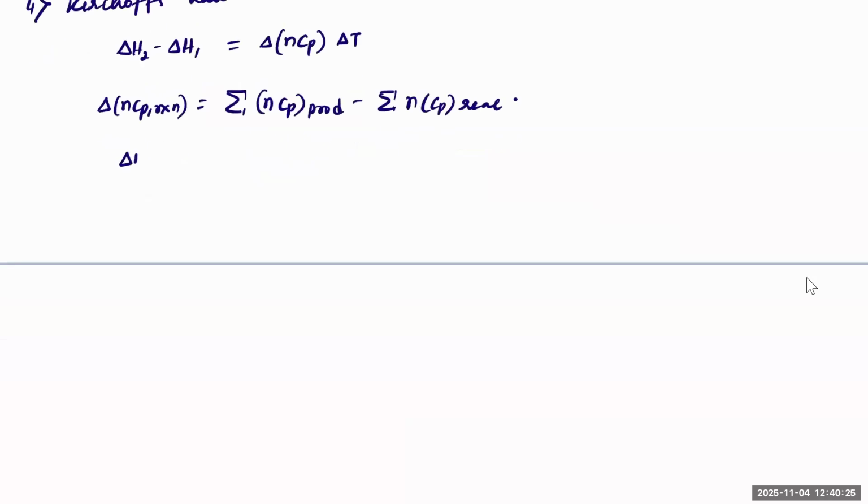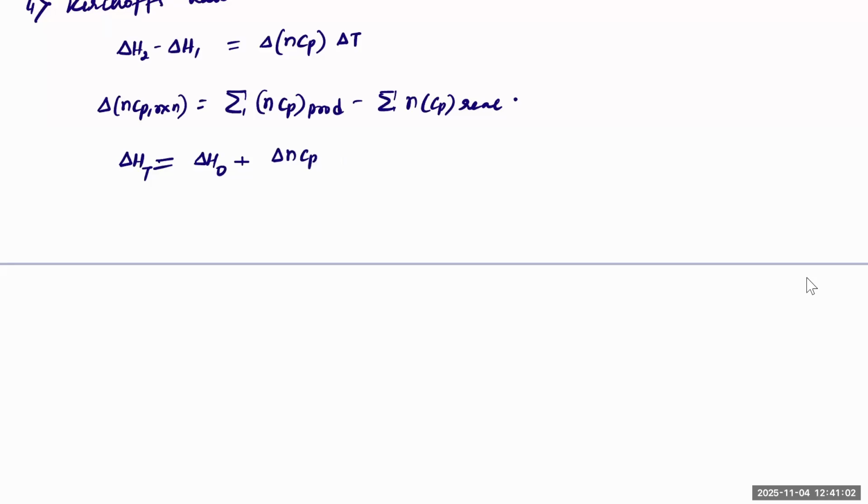And in simple terms, delta H at temperature T is equal to delta H naught at temperature T naught plus delta Cp of the reaction into T, because from T2 minus T1 we take out T. Correct?